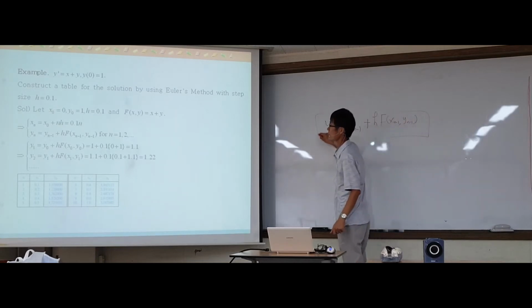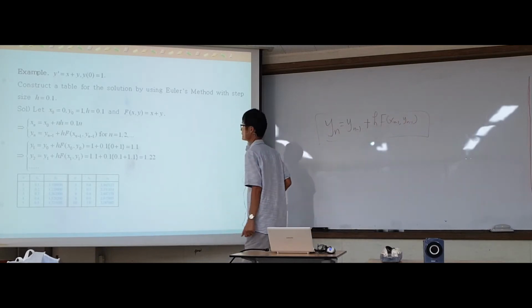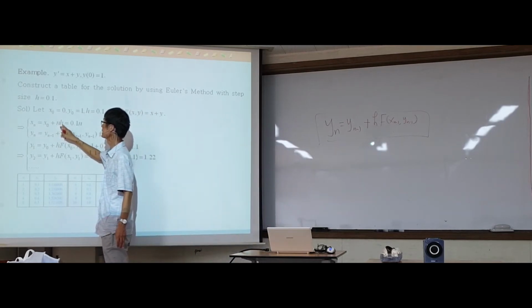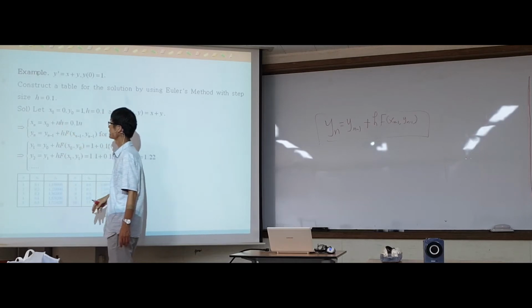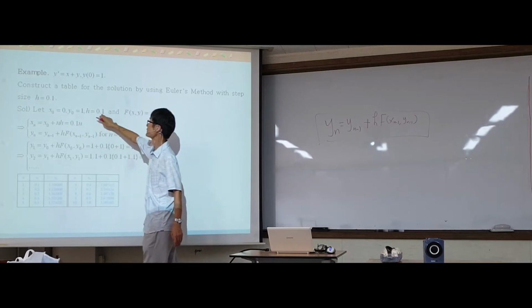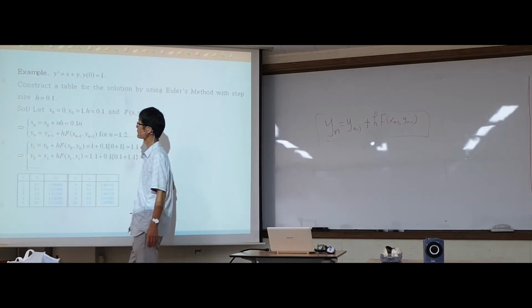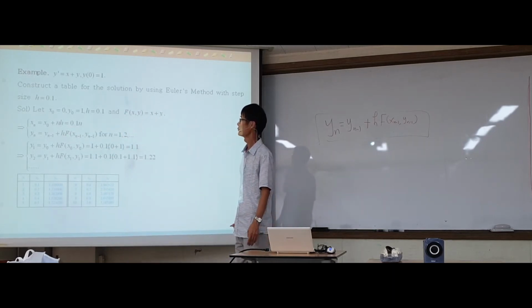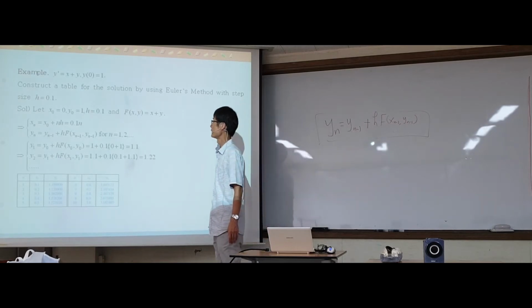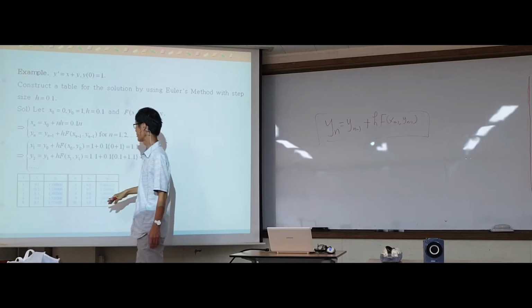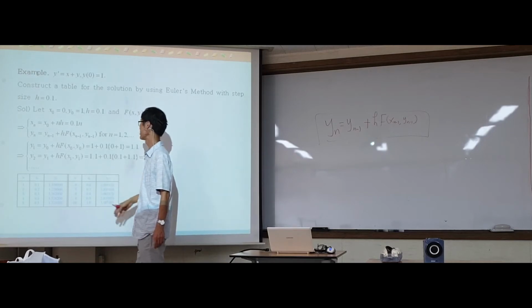Just remember this formula, and xn is given as x0 plus n times h, as xn forms an arithmetic sequence. As a step size, h is 0.1 and x0 is 0, we can see that xn is given as 0.1 times n, and just by using this formula, you can get a figure like this one just by calculation.